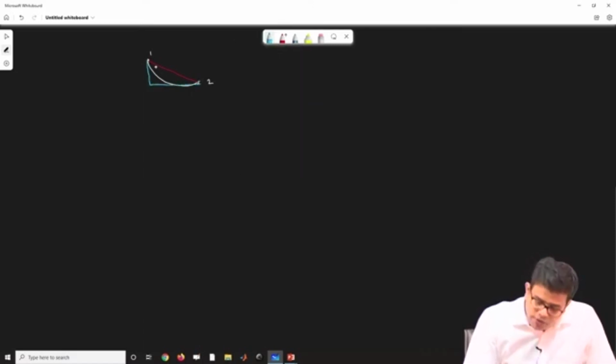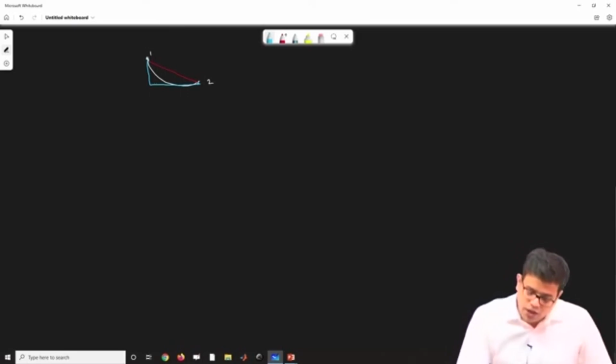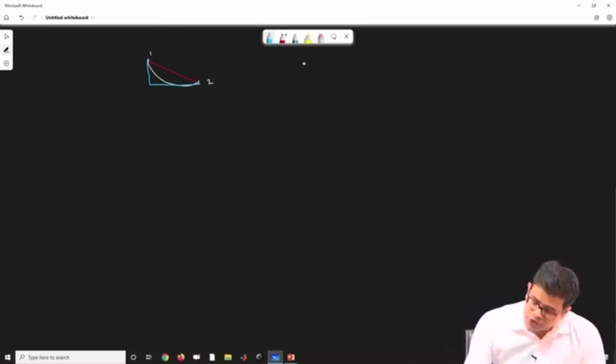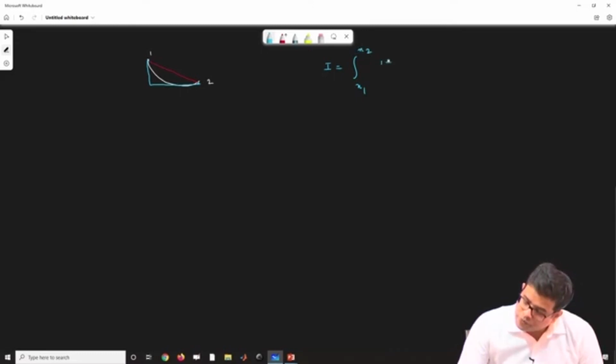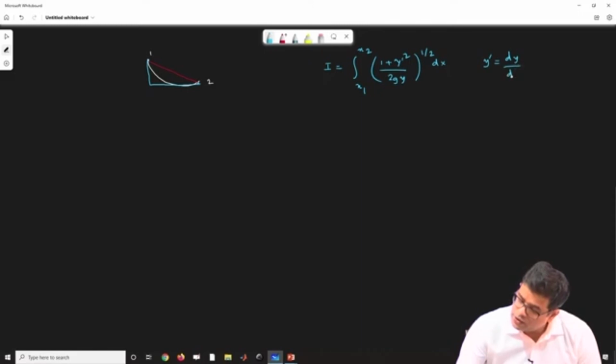For this problem we found out how to construct a functional. For instance, the functional for this Brachistochrone problem is I equals integral of x1 to x2 of (1 plus y prime square by 2gy) to the power half dx, where y prime is dy dx.